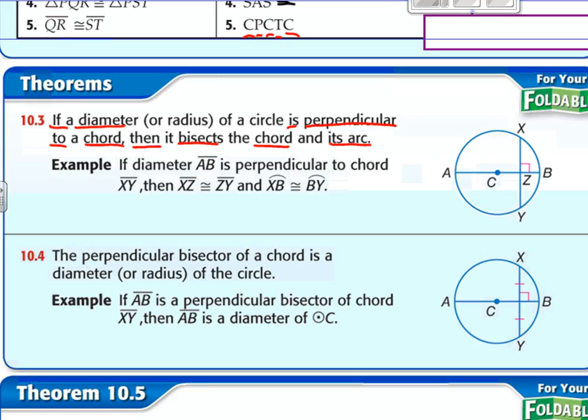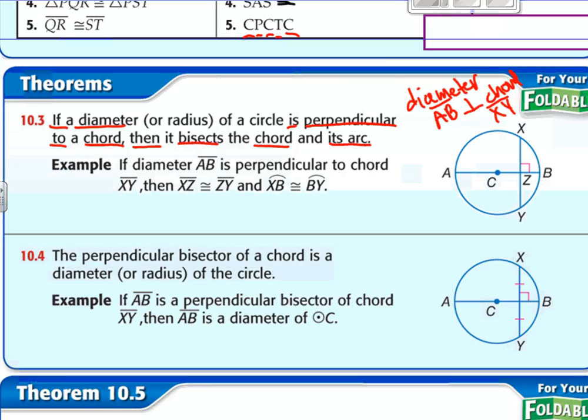So in this situation, we know that diameter AB is perpendicular to chord XY.